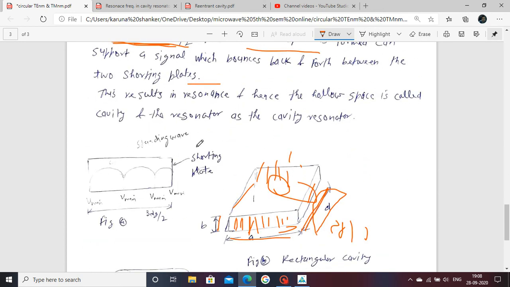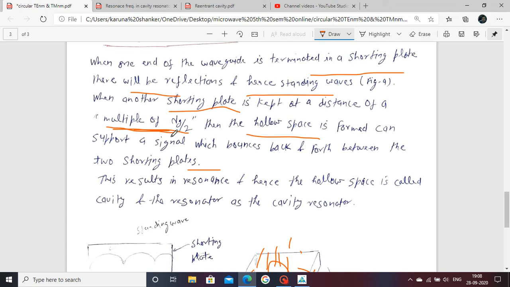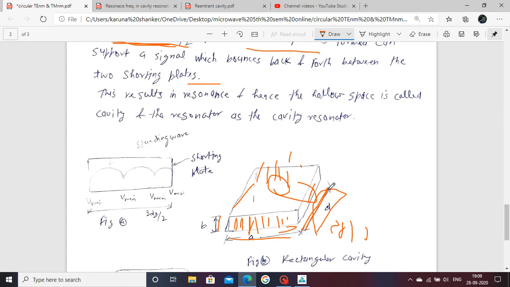This is also the diagram showing multiple reflection: when the wave propagates inside the rectangular cavity, multiple reflections happen and a standing wave pattern is formed. See here, this is the standing wave pattern formed inside the rectangular cavity. The rectangular cavity performs very well when a distance that is a multiple of lambda g by 2 is used.